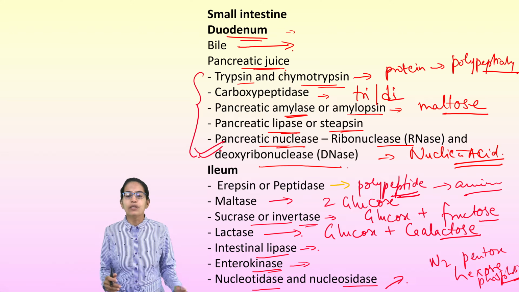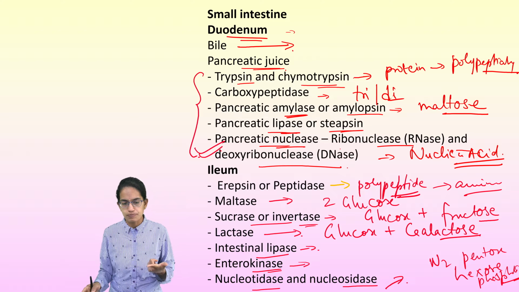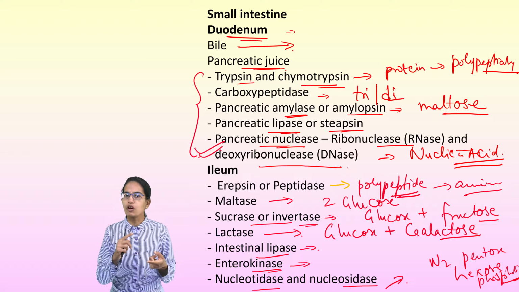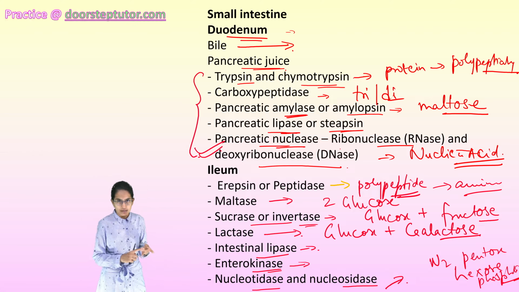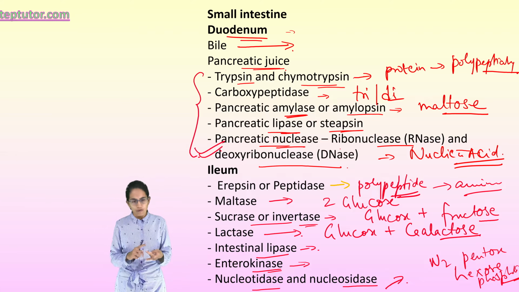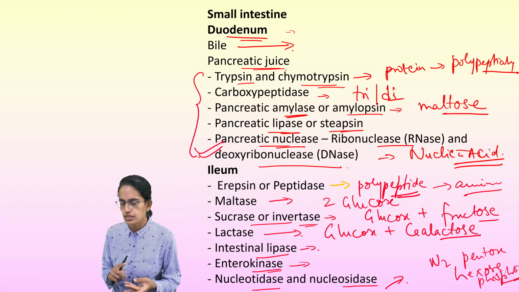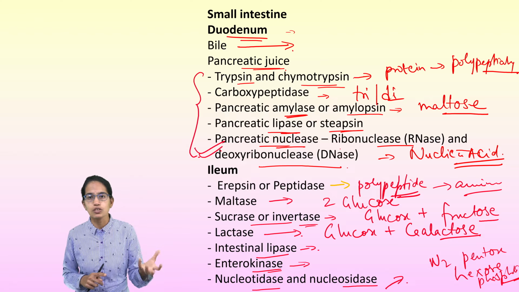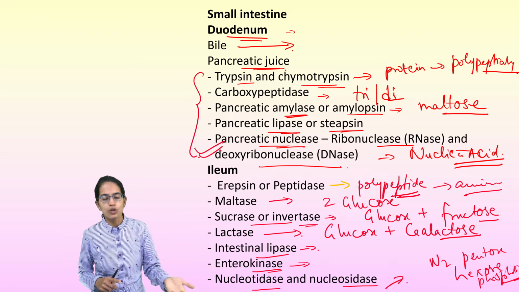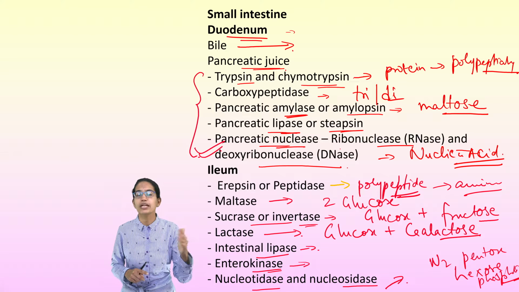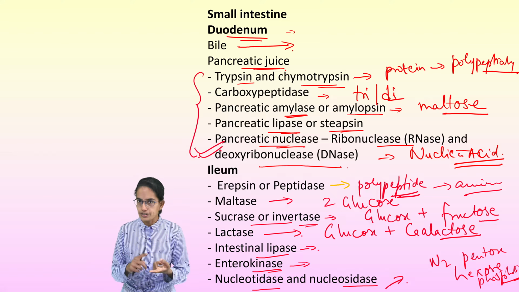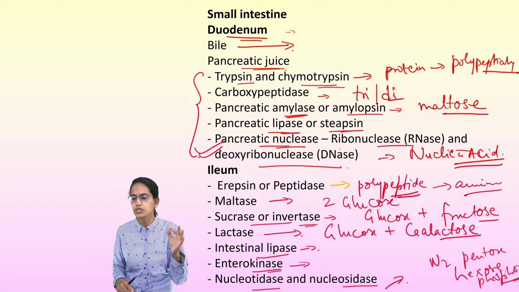Under the ileum, it is the breaking of polypeptide into amino acid by erepsin or peptidase, and maltase, sucrase, lactase, which break down maltose, sucrose and lactose. Then we have intestinal lipase for breakdown of fat, enterokinase, which converts inactive trypsinogen into active trypsin, and nucleotidase and nucleosidase, which break down the nucleotide and nucleoside into nitrogen base, phosphate, pentose and hexose sugar.